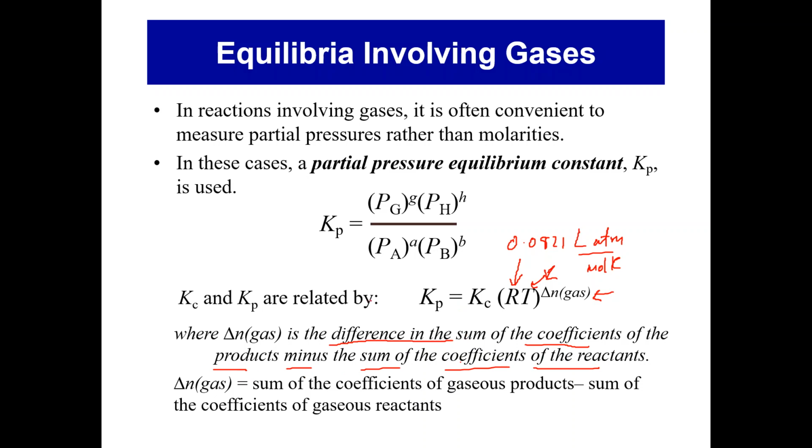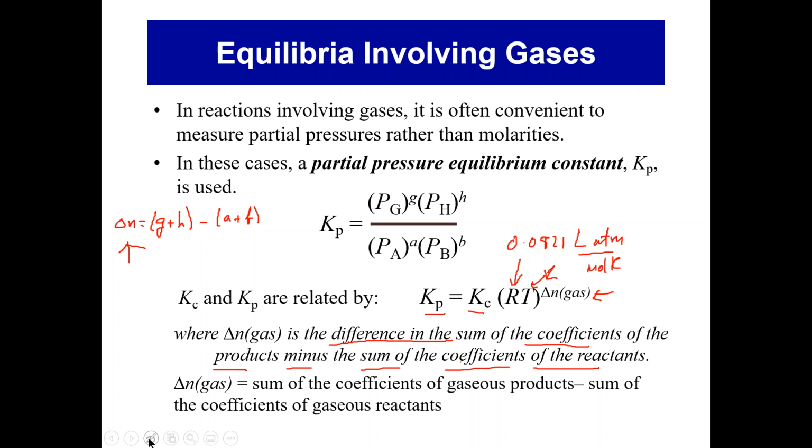So in this particular hypothetical example, delta N would be equal to lowercase g plus lowercase h, minus lowercase a plus lowercase b, and that is delta N. So again, this underscores the importance of having a balanced equation, because the balanced equation will give you the correct coefficients, and that is what is needed in order for you to write down the correct value of delta N so that you can properly relate the Kp value to the Kc value according to this equation.